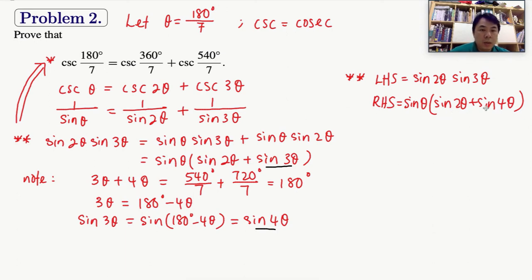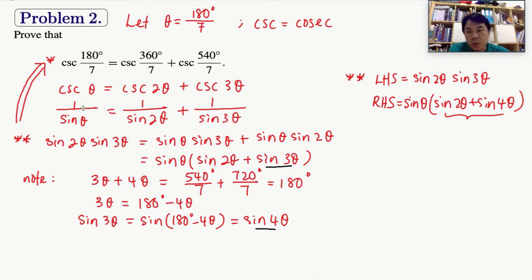Now why using this is easier than using sine 2 theta plus sine 3 theta is because we can make use of the addition and subtraction identity. Right? Now I'm going to show you how that identity works. Okay. Now in this case, my focus at this point will be to simplify this sine 2 theta plus sine 4 theta.